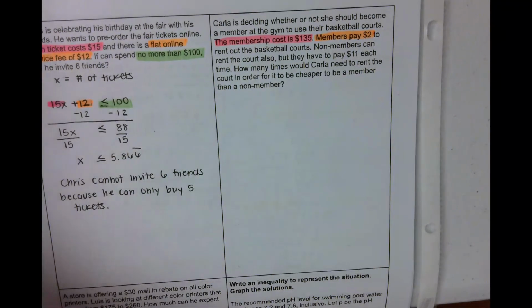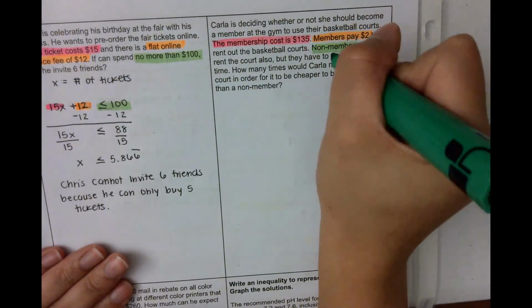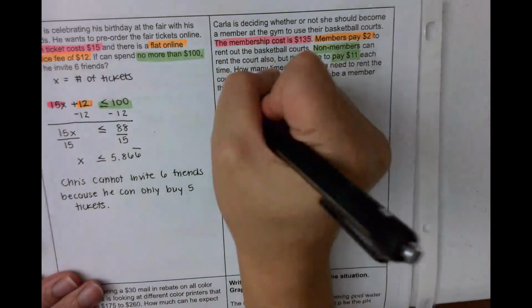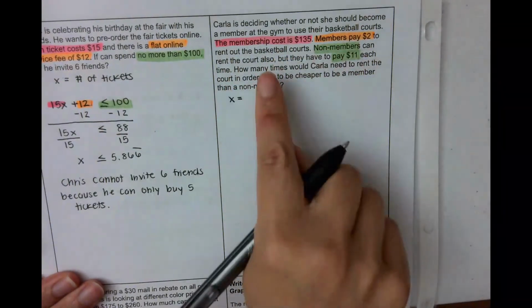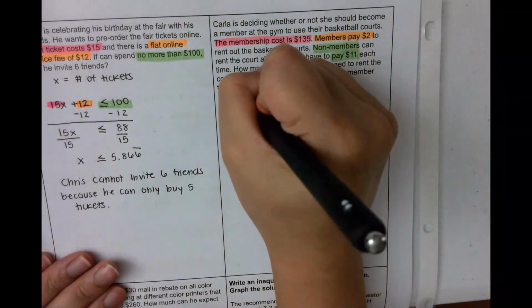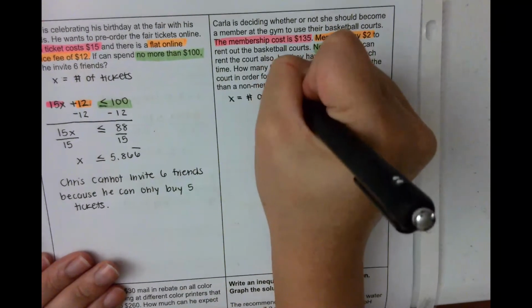And if you're not a member, you have to pay $11 each time. So I'm going to define my variable. I'm going to use x, since we want to know how many times Carla needs to rent. x will be the number of times Carla rents the court.